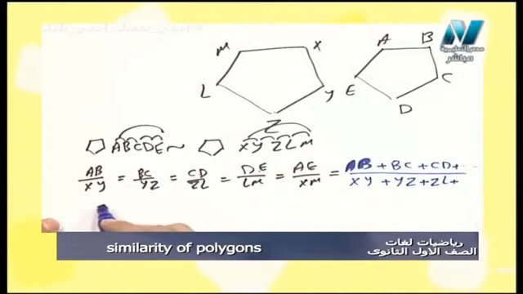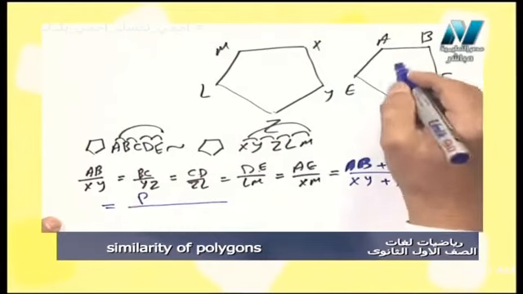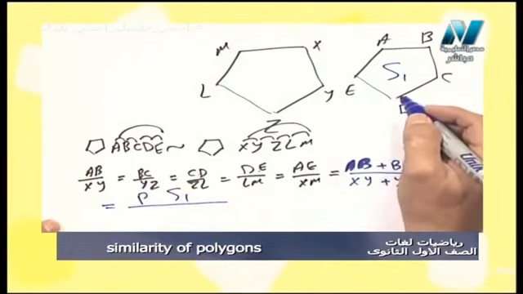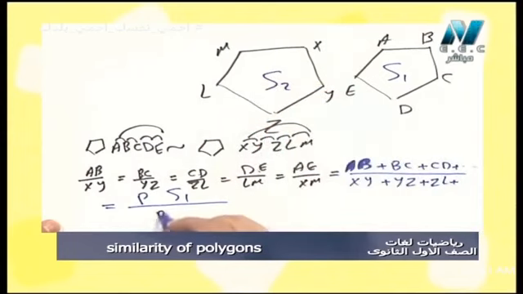So of course the result will be the perimeter of S1, we call this pentagon S1, over the perimeter of S2.